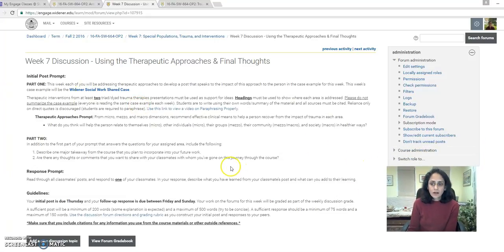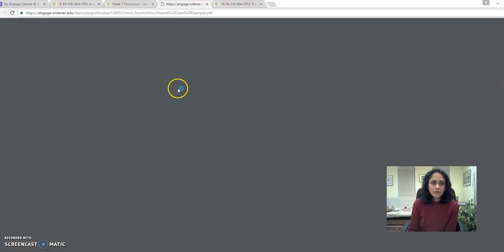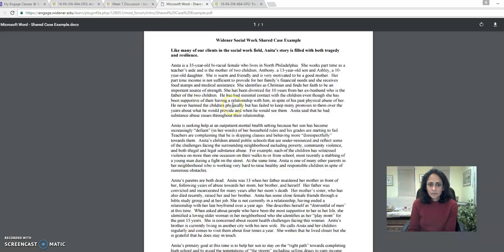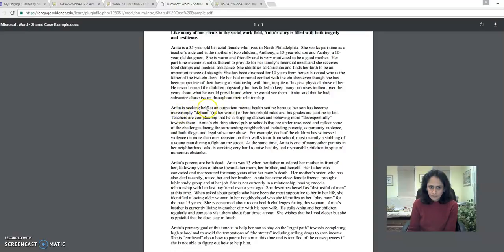This week we are not using Perry or van der Kolk, we are using a Widener social work shared case example about Anita, a 35-year-old biracial female who lives in North Philadelphia. She's seeking help in an outpatient mental health setting because her son has become increasingly defiant of her household rules and is disrespectful. Her parents are both dead.